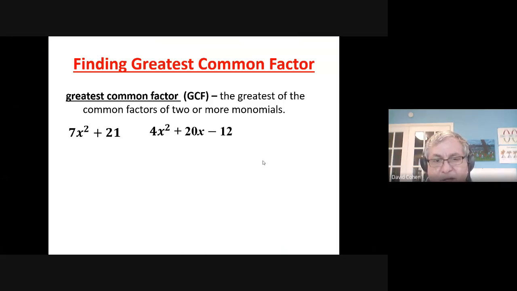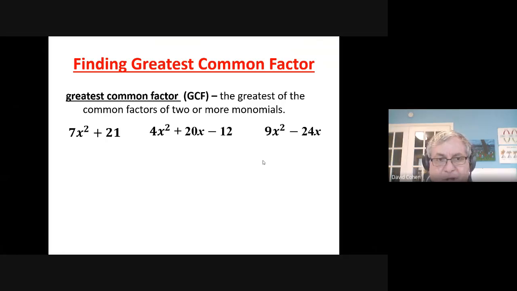Here we have a greatest common factor of 4, and that would be x squared plus 5x minus 3. And here our common factor is both a constant and a variable. It's going to be 3x. 3x goes into 9x squared 3x times, and 3x goes into negative 24x negative 8 times.